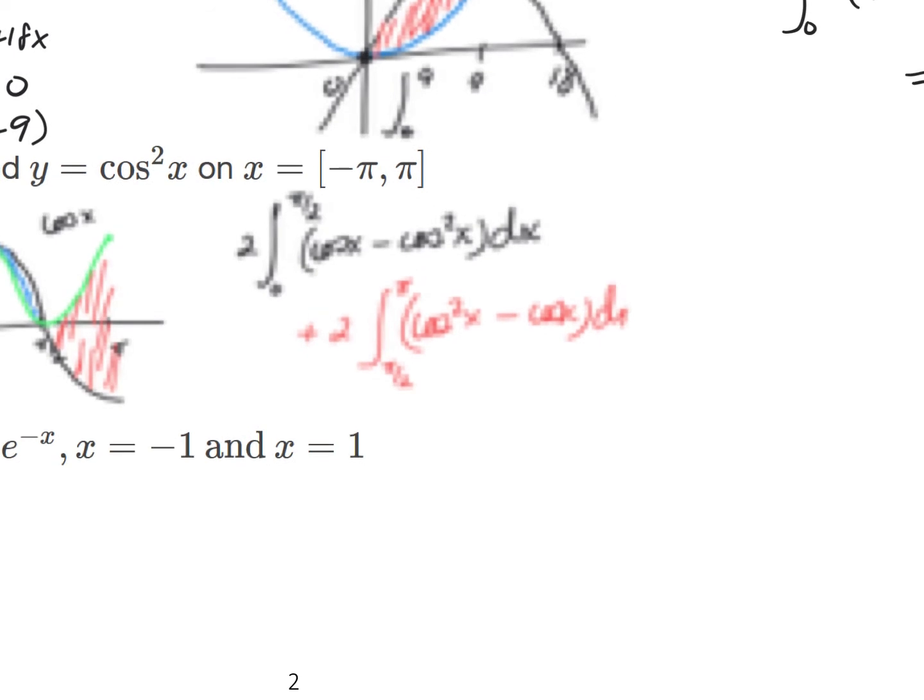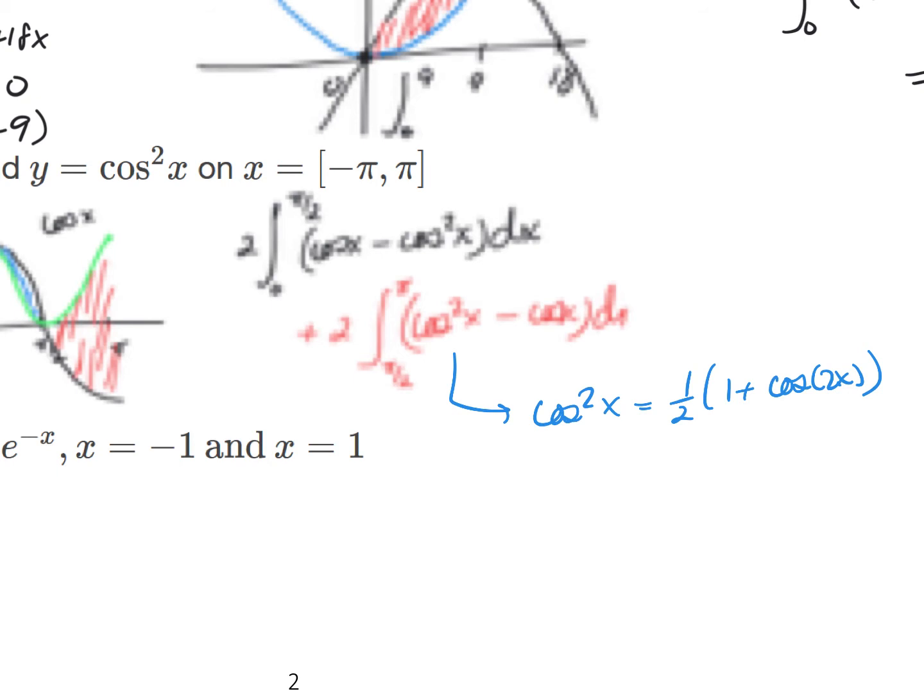And probably going to use some power reduction formulas for the cosine squared. So remember that the cosine squared of x is the same thing as 1/2, 1 plus the cosine of 2x. So we'll probably use some power reduction formulas and integrate in that form.